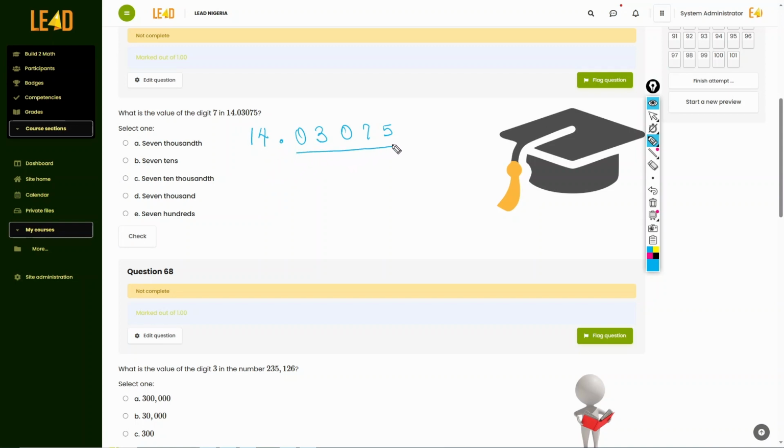If I read that out, this is tenth, this is hundredth, and this is thousandth, and then this is ten thousandth, and then this is hundred thousandth.